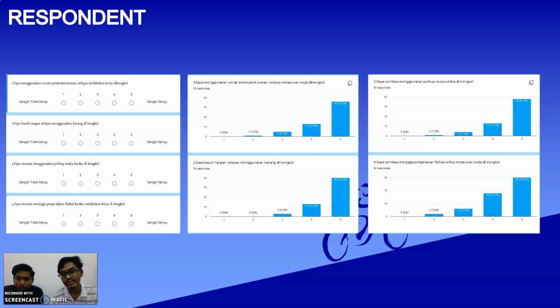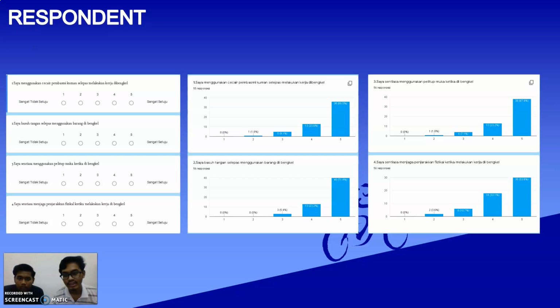One of the questions is, saya menggunakan cecair pembasmi kuman selepas melakukan kerja di bengkel. So the student needs to answer from 1 to 5, just one of the options. On the right side is the result of the question that we got.